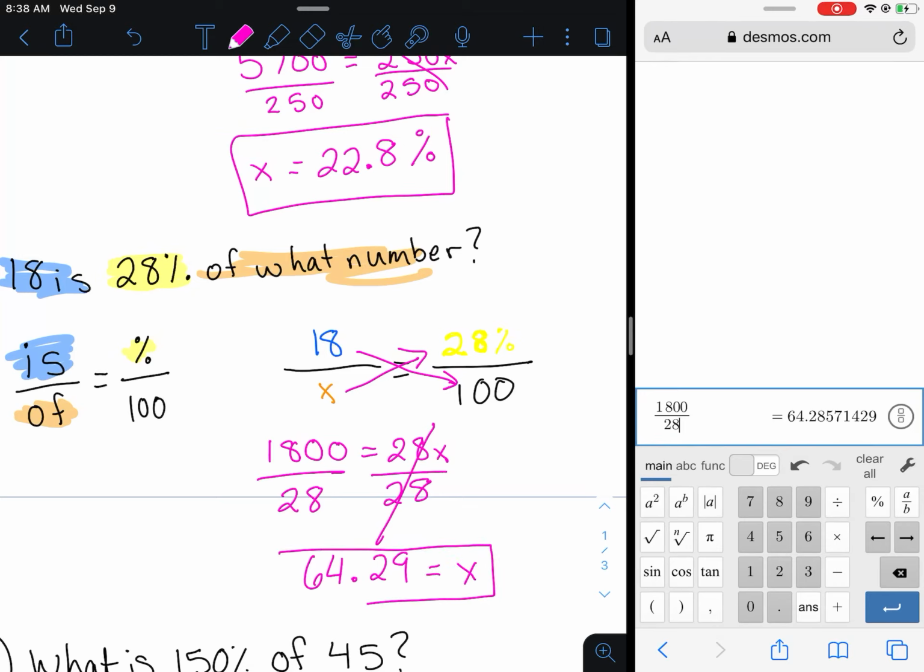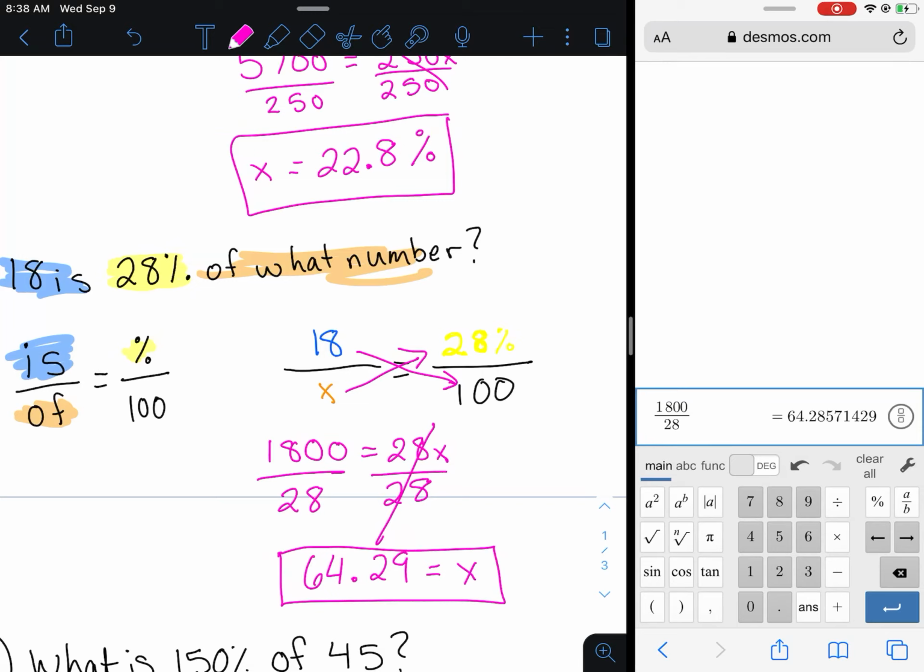Now, again, does our answer make sense? That's what we need to check. So we are saying 18 is 28% of 100, so we know that our of part needs to be much bigger than our is part, which it is.